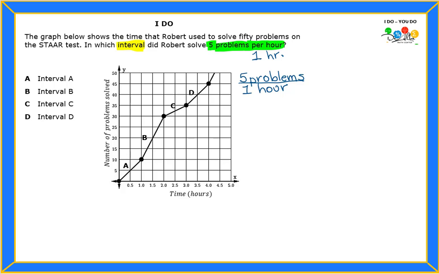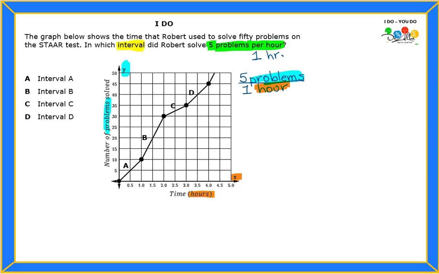Now I want you to go back and look at the labels that are given to you on the X and on the Y. So problems, which is here, it's the Y. Is that correct? Now what about the X? X is the time, but in hours.